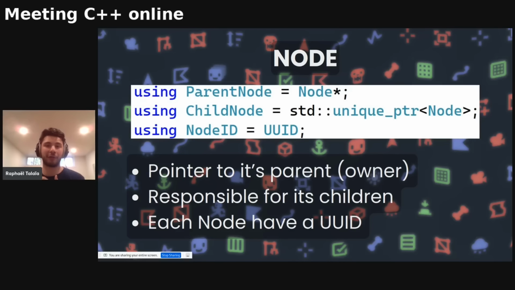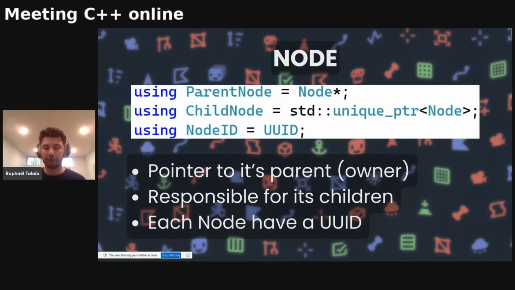So for the node, each node has a pointer to its parent, except for the root node, which has a null pointer. Each node is responsible for its children. So each child node is necessarily a unique pointer, and it is contained inside a vector. And each node has a unique identifier, which is very useful.